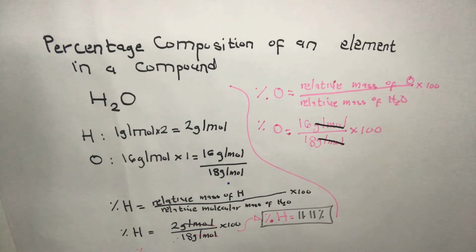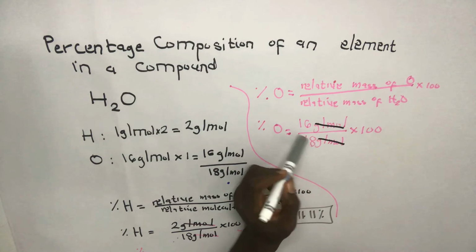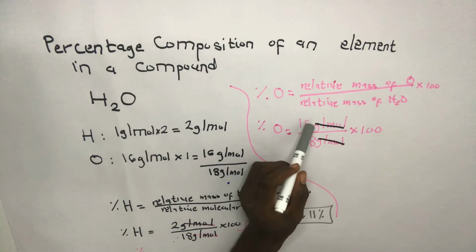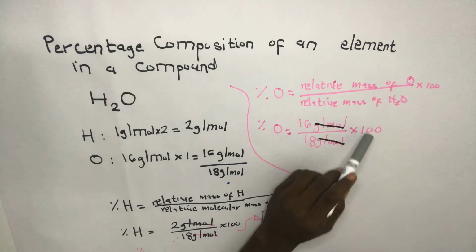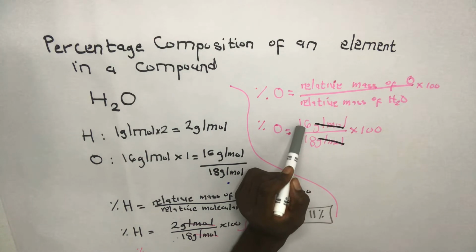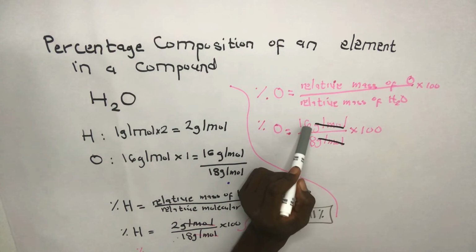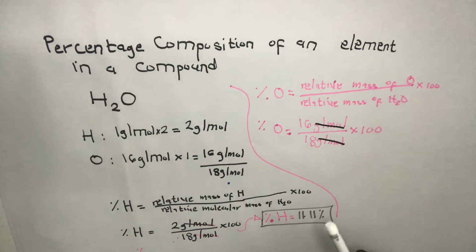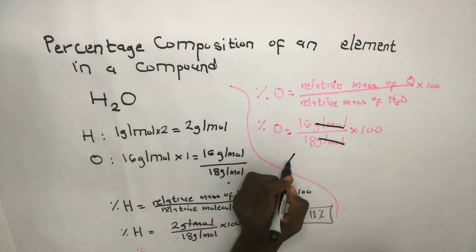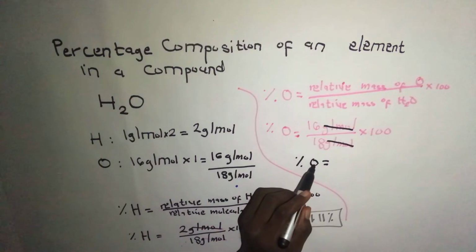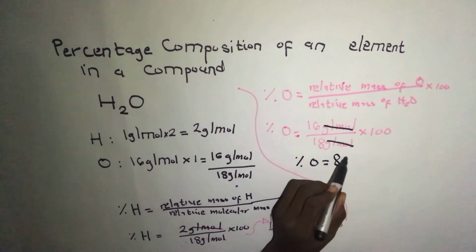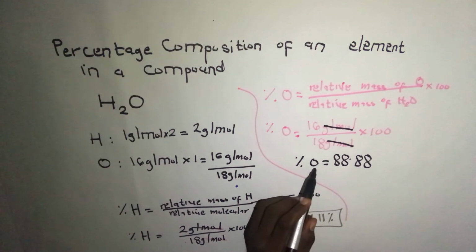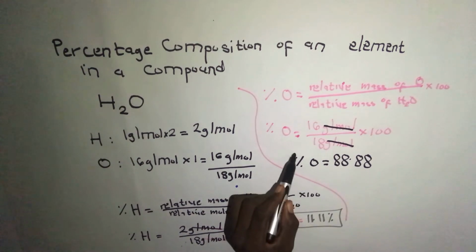So 16 in the numerator times 100 is 1600. 1600 divided by 18 is 88.888. So the percent of oxygen is 88.88%. Now we have determined the percent of oxygen in this compound.